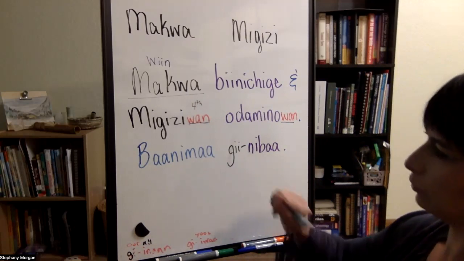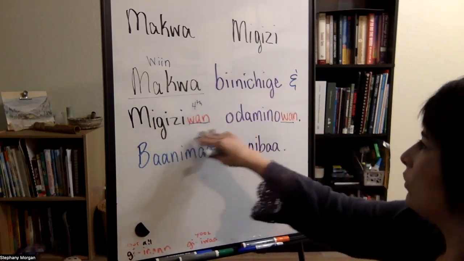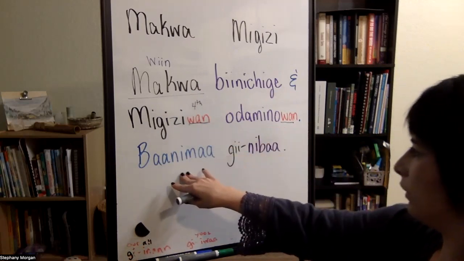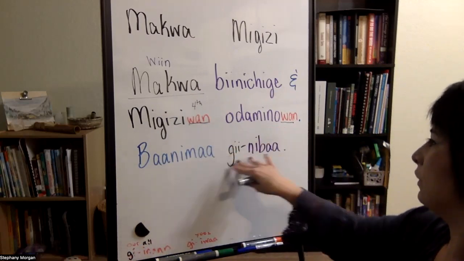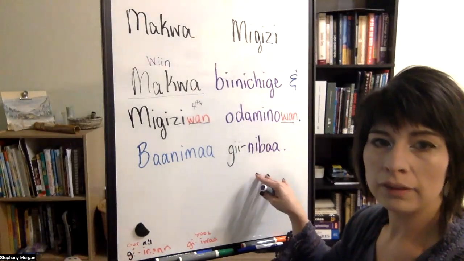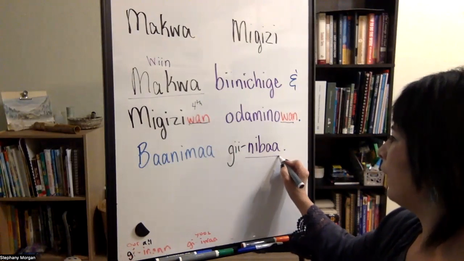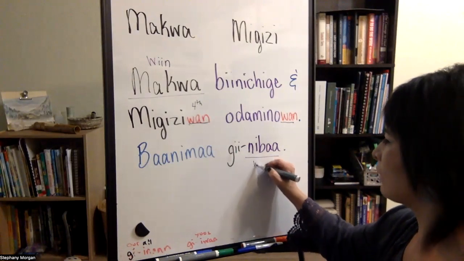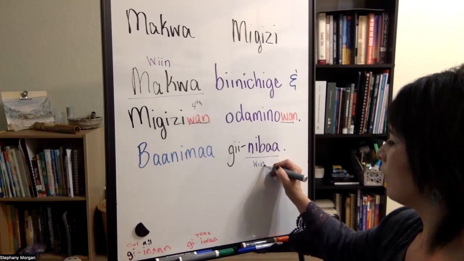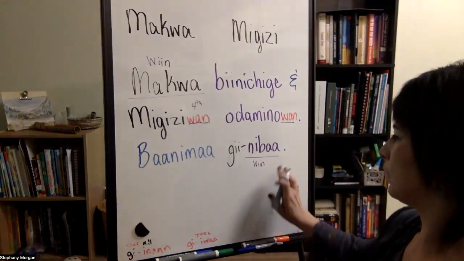So right now, reading this whole thing, Makwa binichige, minawa Migizi wan odaminowan, banama gi nibaan. You can tell who went to sleep, because this one right now is just the verb in ween form. So we know it was Makwa, who is ween, that went to sleep.